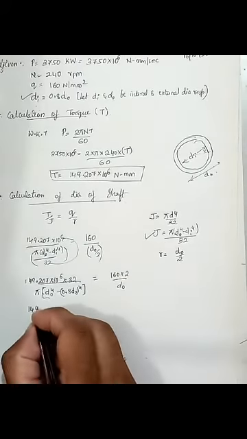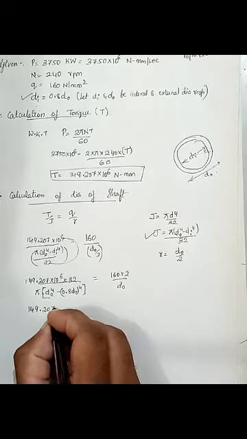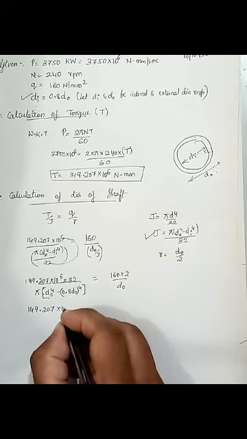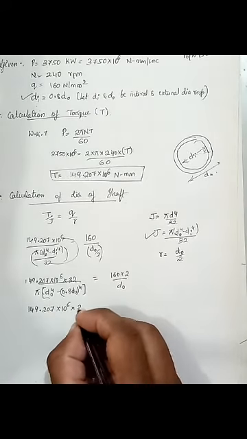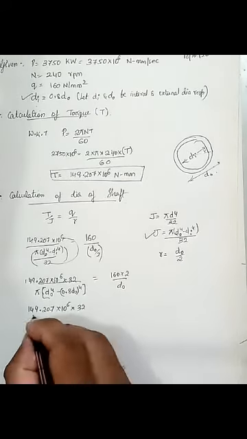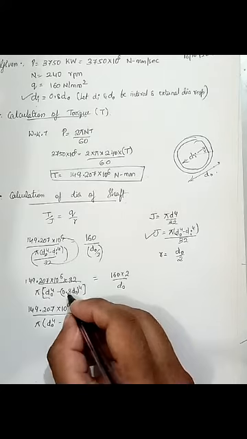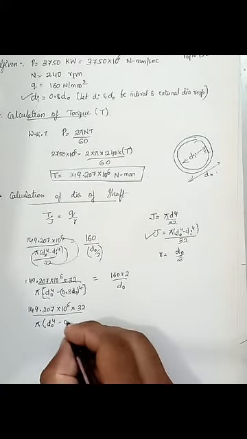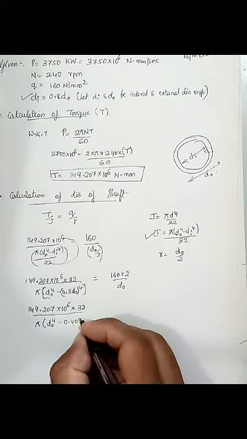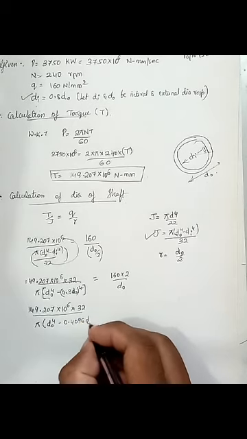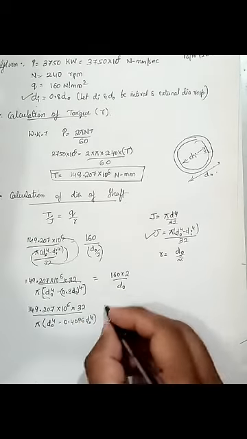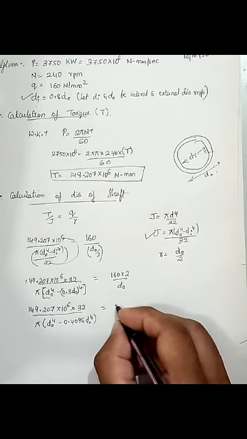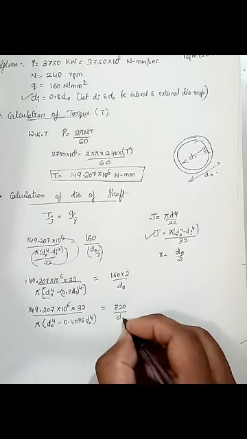Elaborating this: 149.207 into 10 to the power of 6 into 32 divided by pi into do raised to 4 minus 0.8 raised to 4 do raised to 4. 0.8 raised to 4 is 0.4096, do raised to 4. Again it's 320 by do.